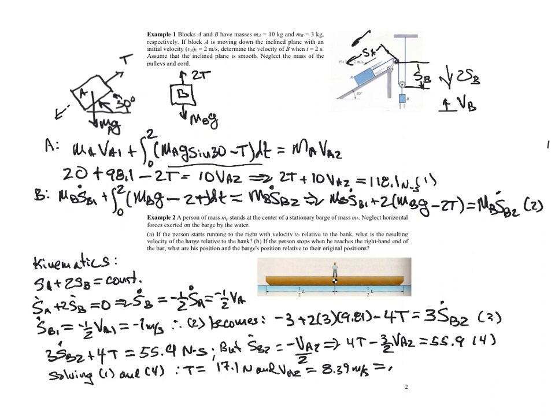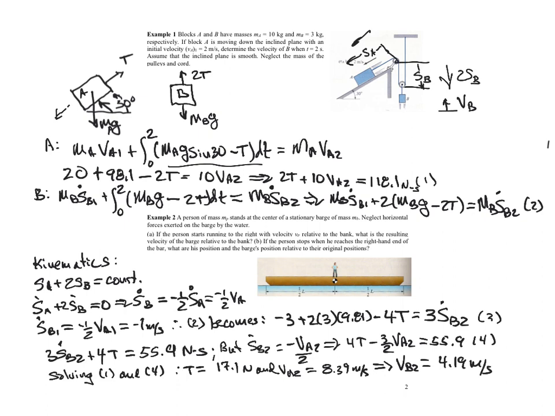Therefore, the velocity of VB2 is 1/2 of that, which is actually 4.19 meters per second.